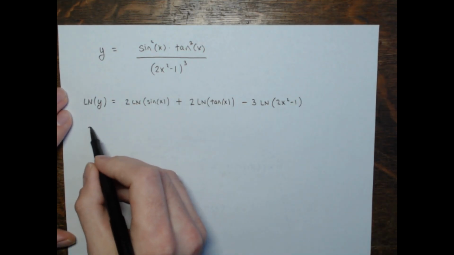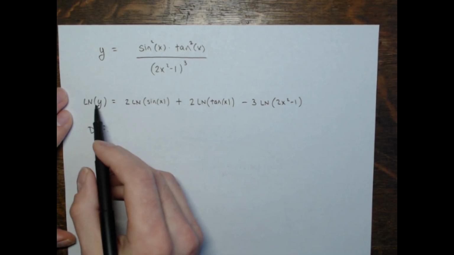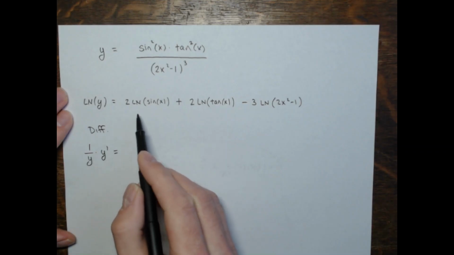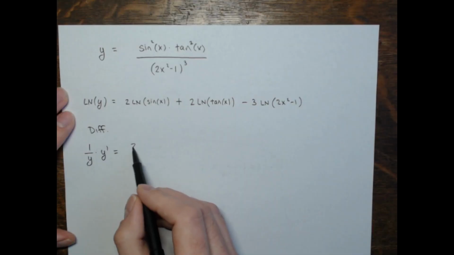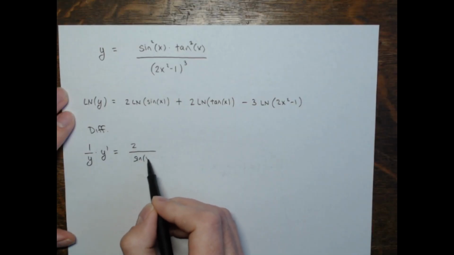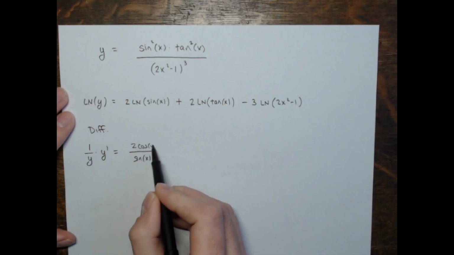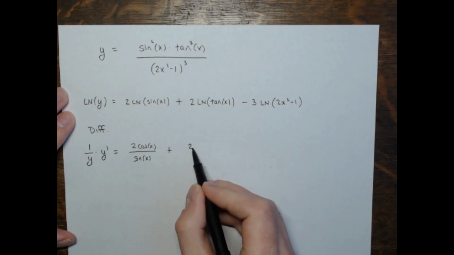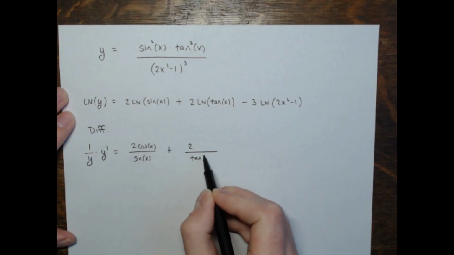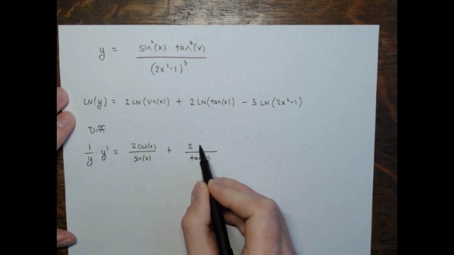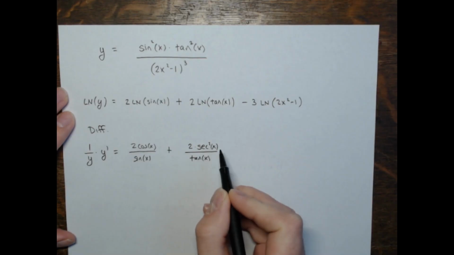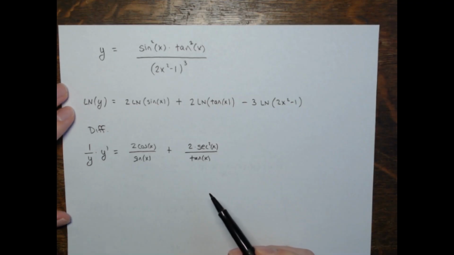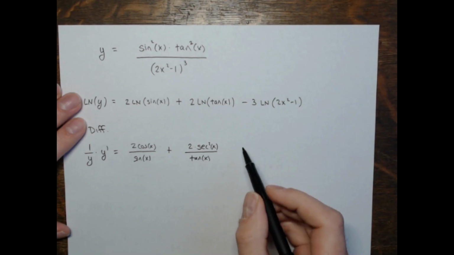All right, then I do my differentiation with respect to x. Again, the left side is 1 over y times y prime. And here we'd have 2 over sine, but times cosine after, right? So this will be 2 cotangent, then plus 2 over tangent, and then times the derivative of tangent, secant squared, which you could probably rewrite in some other way, but I'll just leave it.